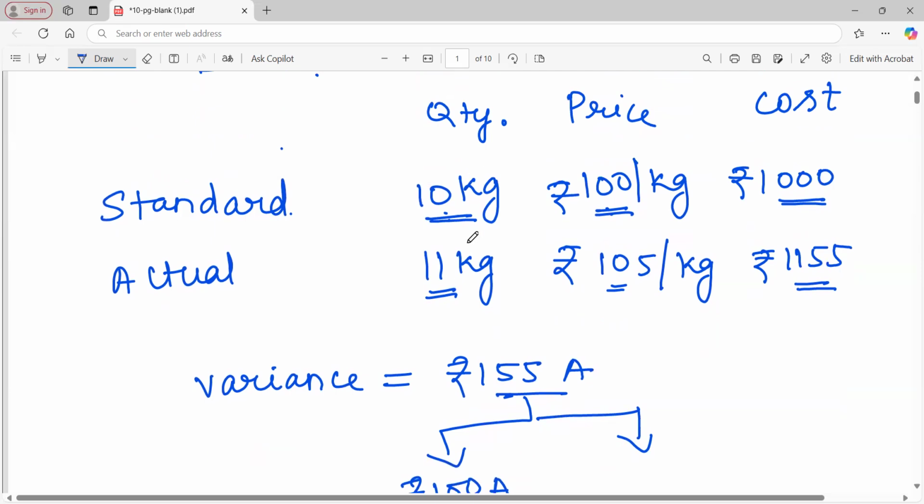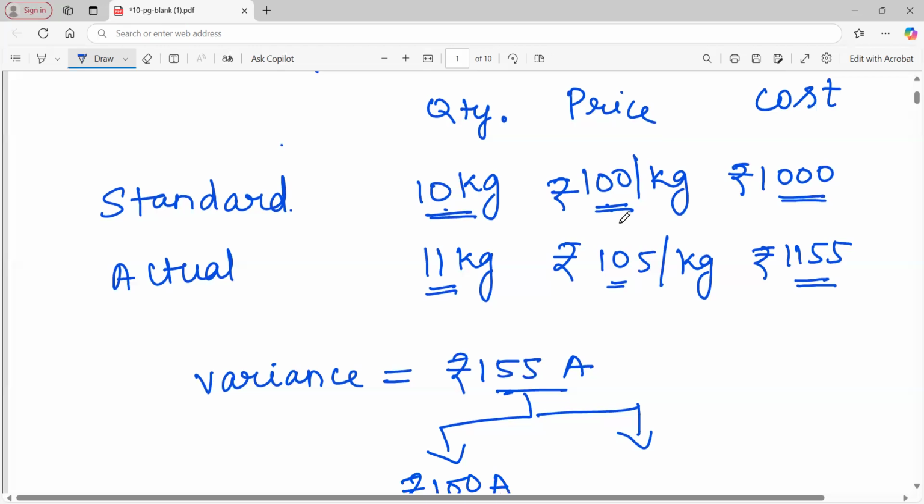And you can see that the standard price and the actual price are also different. The company expected to pay 100 rupees, but actually the company paid 105 rupees. So for every 1 kg that the company purchased, the company paid an extra 5 rupees.